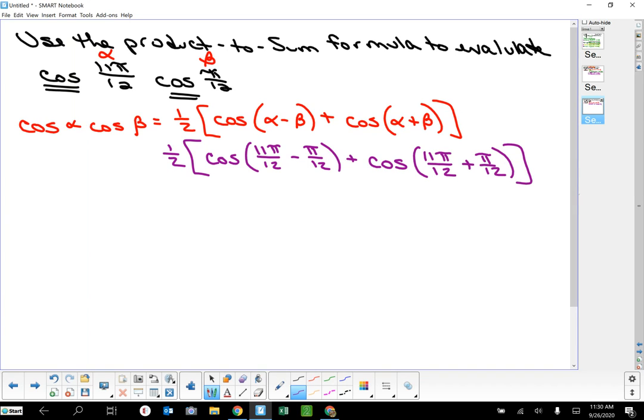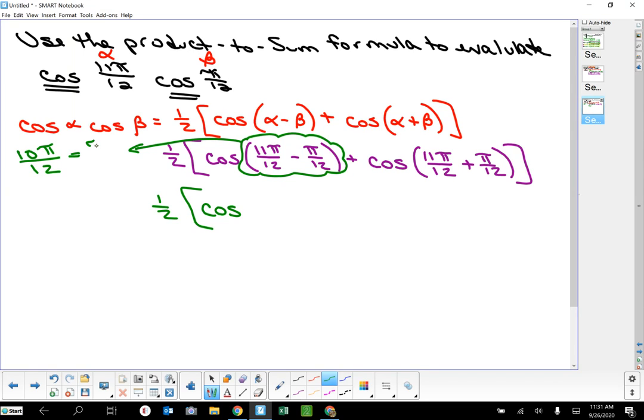So now watch what happens when we add these together. Let's switch colors. 1/2 cosine 11 minus 1. So this is 10 pi over 12. So 10 pi over 12 will reduce to 5 pi over 6. And so I'm going to plop that down in here.